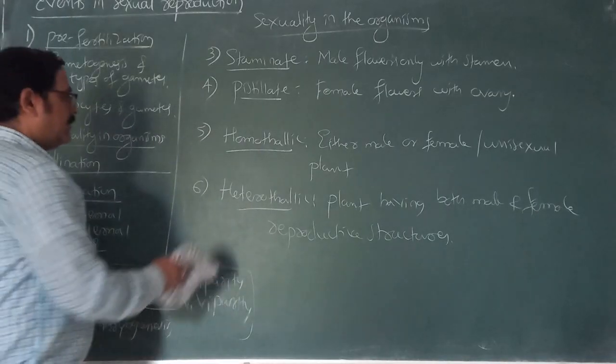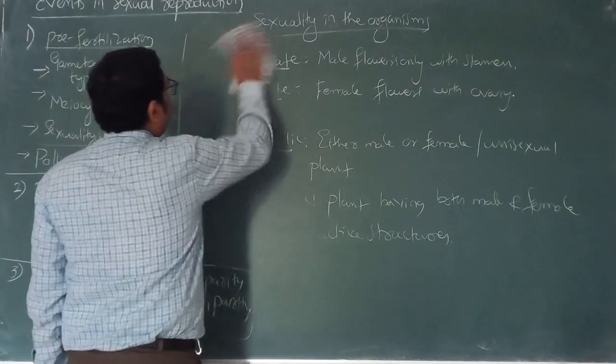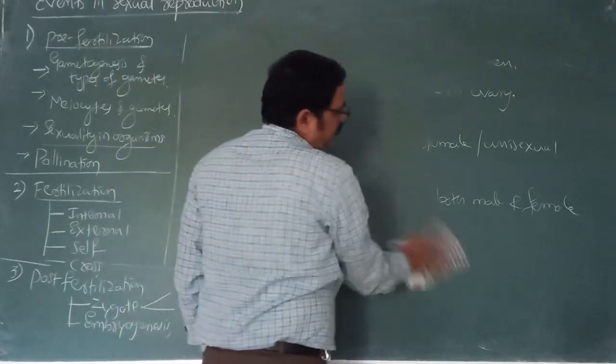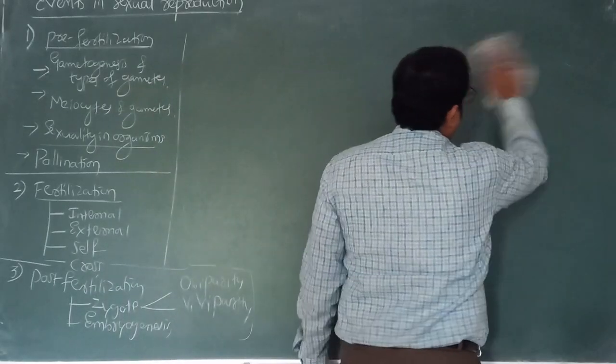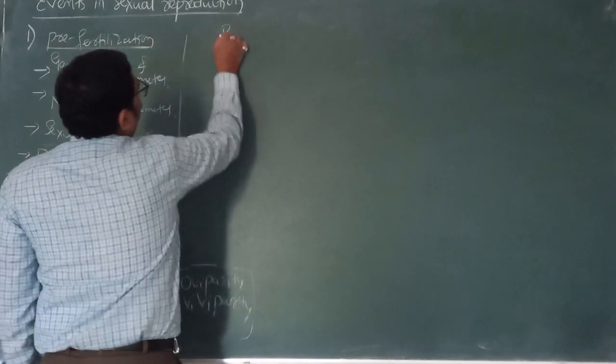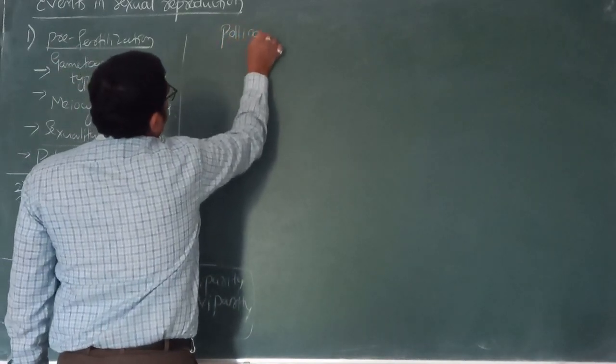Pollination. So let us understand now what is pollination. Can you give a one-line definition for this? Pollination is the transfer of pollen to the stigma.